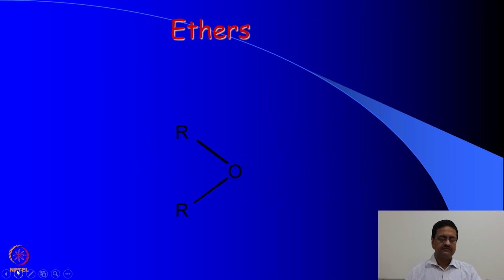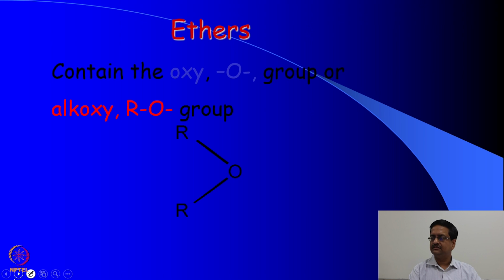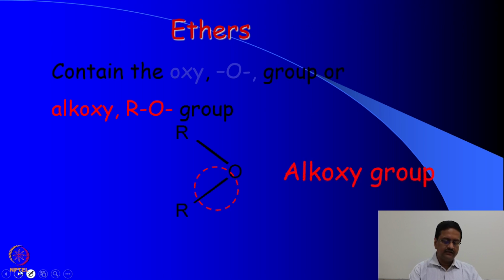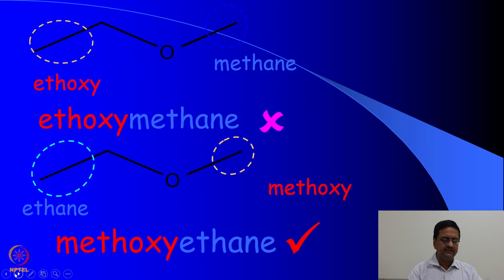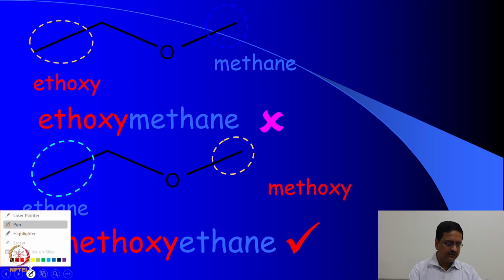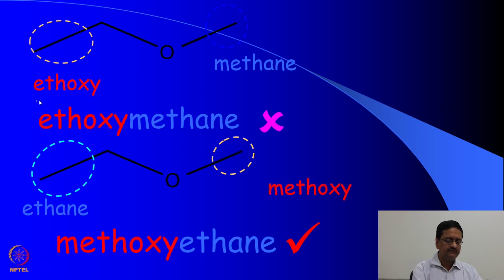The next class of compounds are ethers, where you can have 2 alkyl or aryl groups connected by 1 oxygen, and these are called the alkoxy groups, where you have a bond of R and oxygen. So, here in this case you can see one molecule, and we can write the name in 2 different ways. One way where we identify one group as ethoxy, because you have an ethyl group connected to oxygen, and here it is a methyl group.